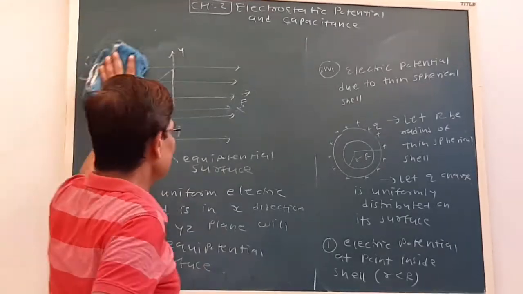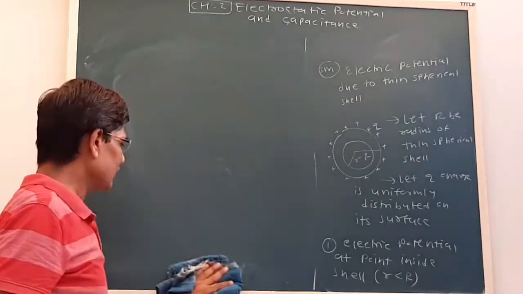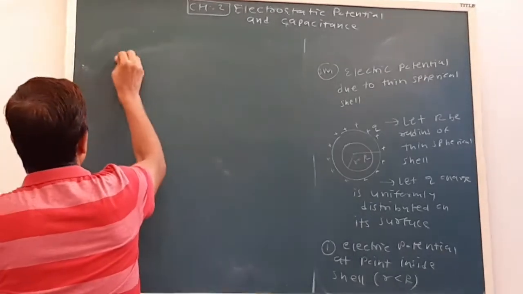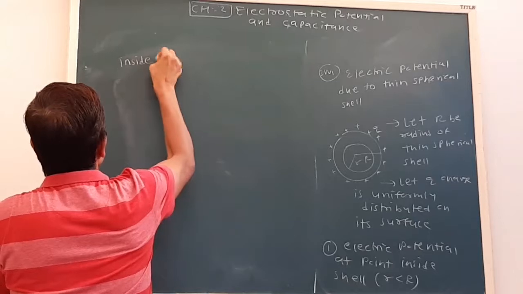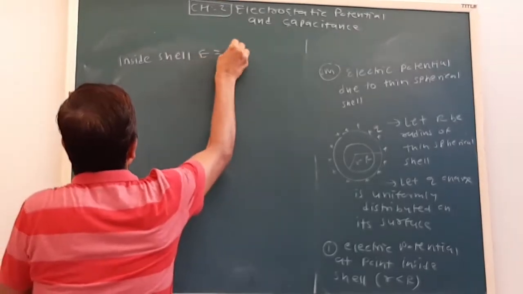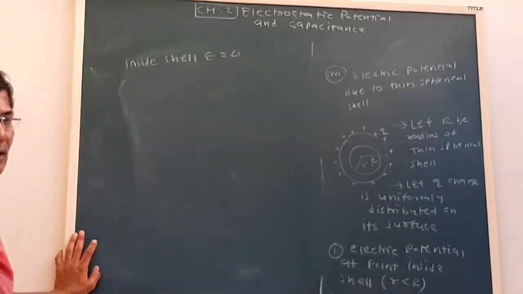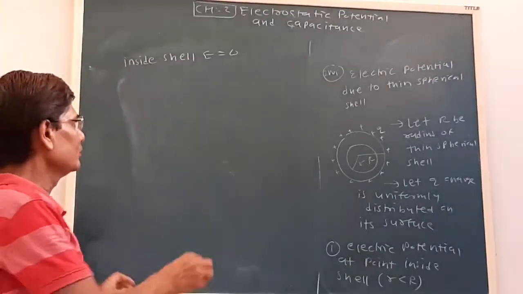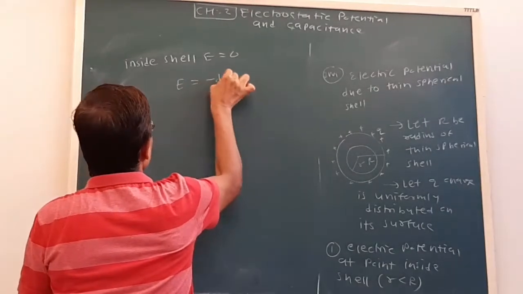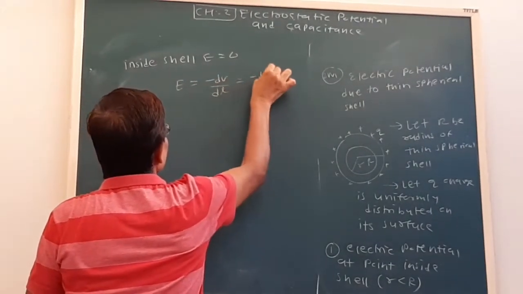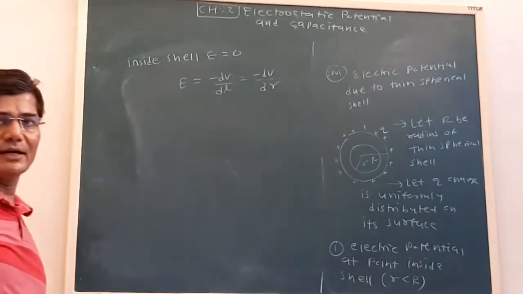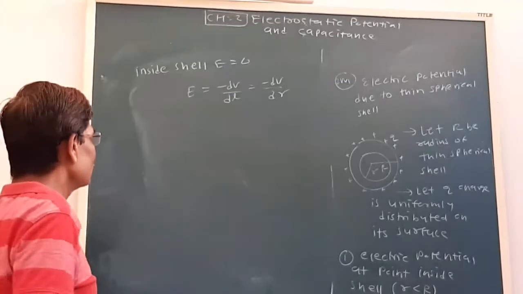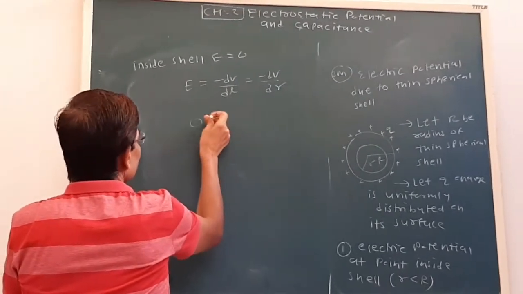And if there is no charge, electric field inside the shell will be 0. That also we have seen earlier. So we can write like this: inside the shell electric field is 0. Now see, just now we have derived the relation between electric field and potential. E is equal to minus dV by dl. If we write the generalized formula, we can write dV by dl. But we have seen here that inside the shell there is no charge, the electric field is 0.